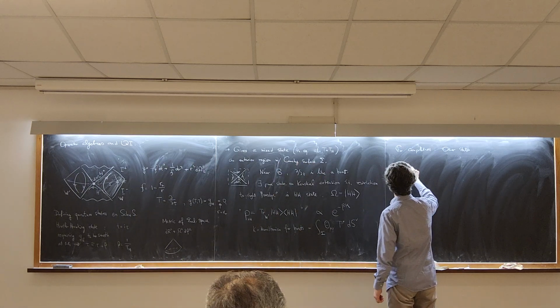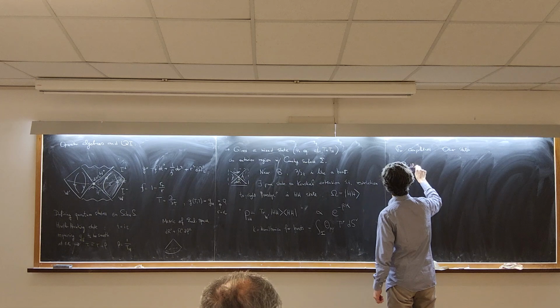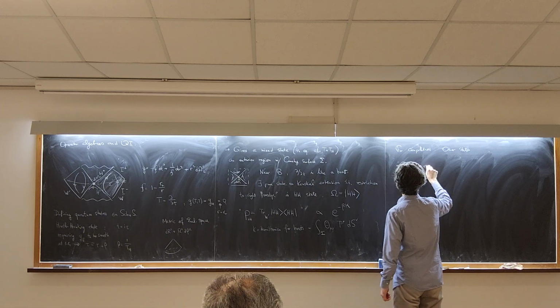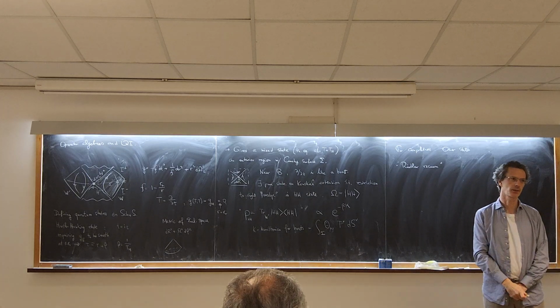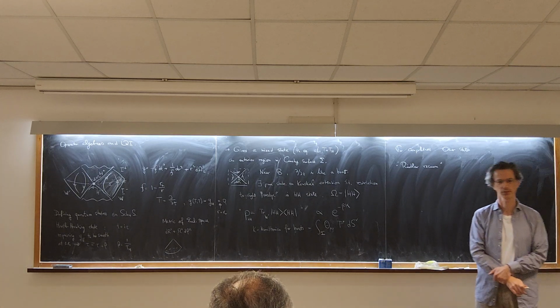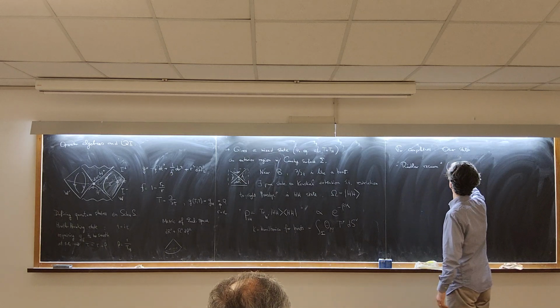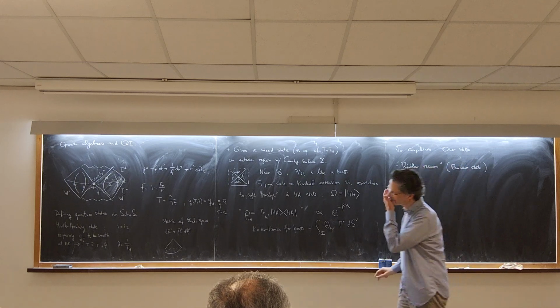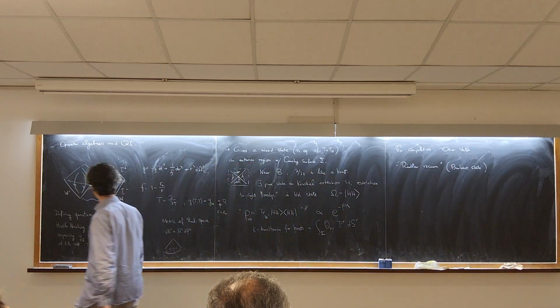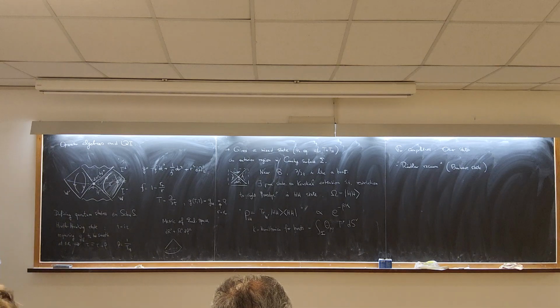The Rindler vacuum, although in Schwarzschild it's called the Boulware state, but I'm calling it the Rindler vacuum. Boulware was a student, I don't know, in the 70s, very nice papers, and disappeared from this branch of science at least.